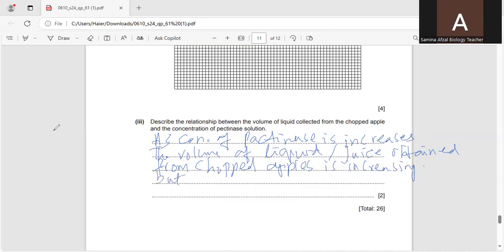But the last two values have the same volume of juice extracted.